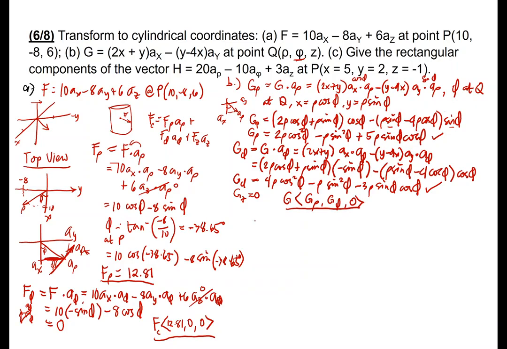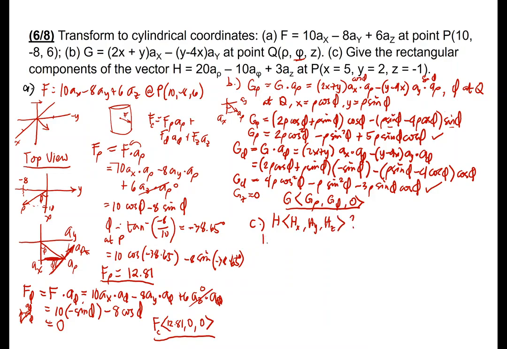How about problem C? Problem C is still the same, but in the opposite direction again, so rectangular to cylindrical. How to do this? Very simple. We want the rectangular components, so we are looking for the vector H with components Hx, Hy, and Hz. So we are looking at these values.